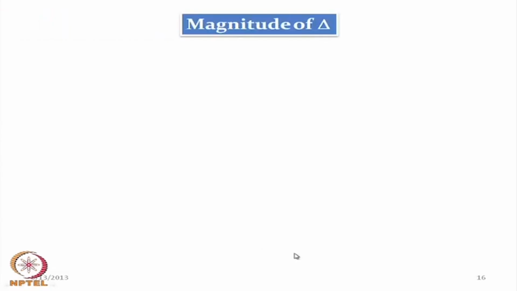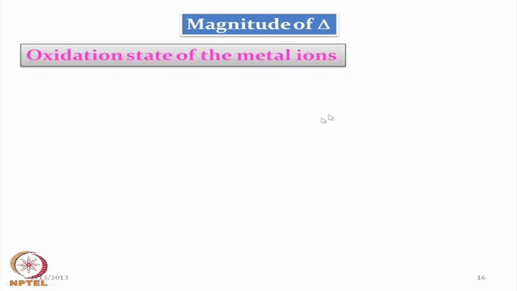Then we see how the pairing energy is changing. Now we see the magnitude of delta, whether it is delta O for octahedral geometry or delta T for tetrahedral geometry. So it depends on the variation in the oxidation state of the metal ions.